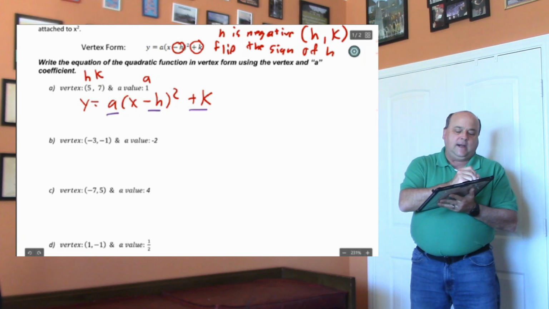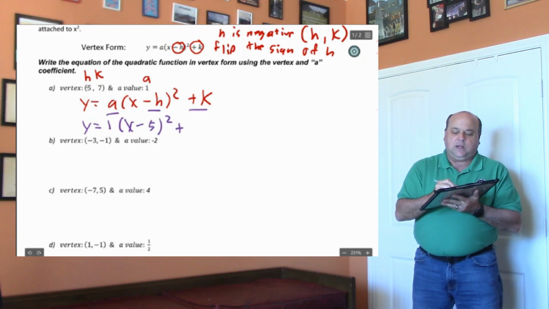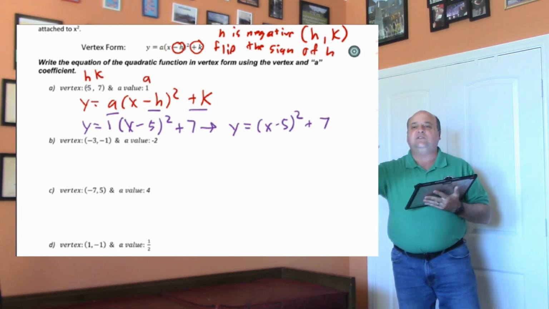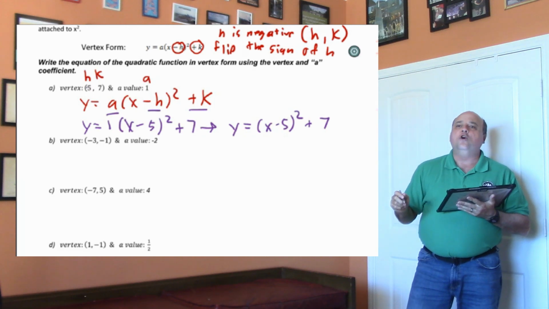So we're going to write down y equals, the a is 1, parentheses, x, the opposite of positive 5 is negative 5, and plus 7. This would turn into y equals x minus 5 squared plus 7. If you graph this equation and the standard form equation, it's going to be the exact same graph.